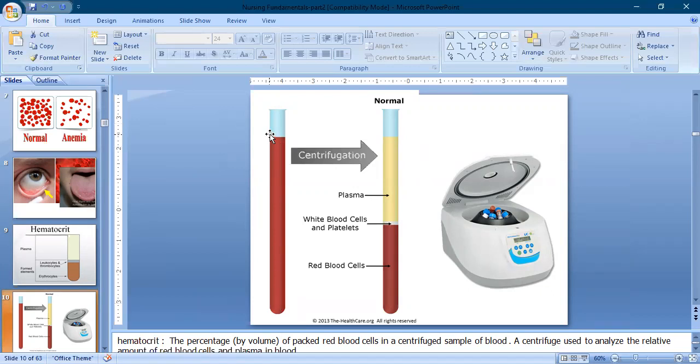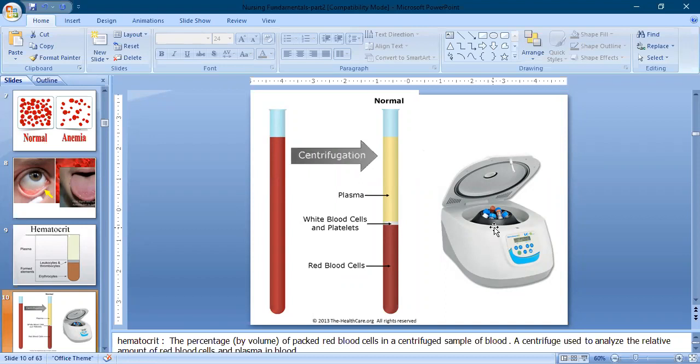You put the blood in the centrifugation machine, and this machine rotates at very high speed.